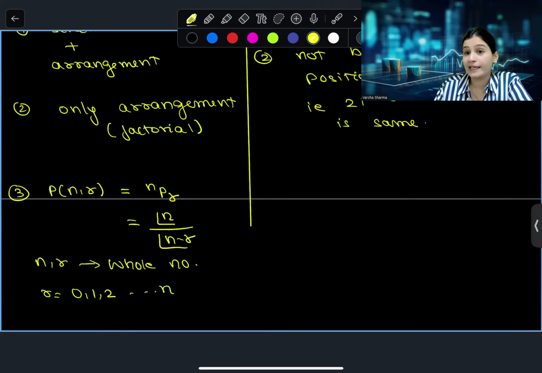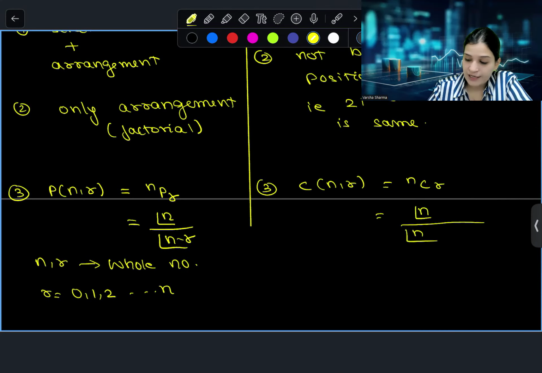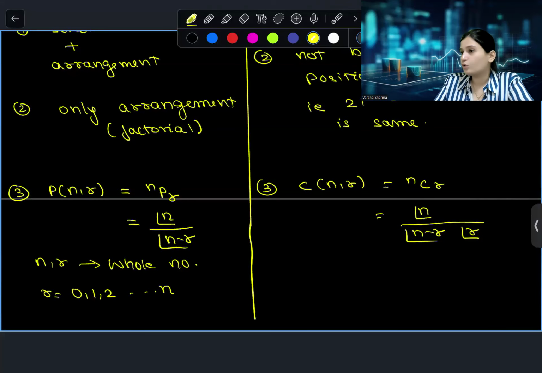It cannot go beyond n. Here, nCr is factorial n upon factorial n minus r, factorial r. Same, n and r are both whole numbers and r cannot go beyond n.